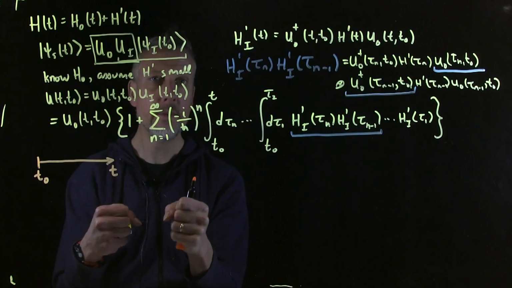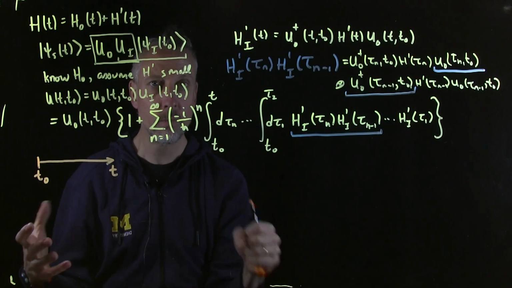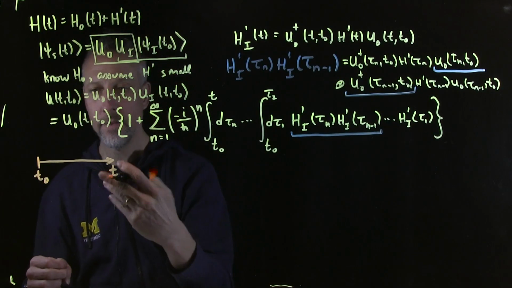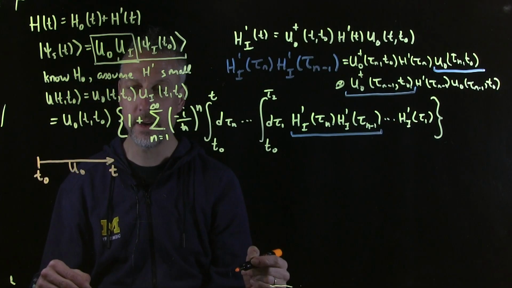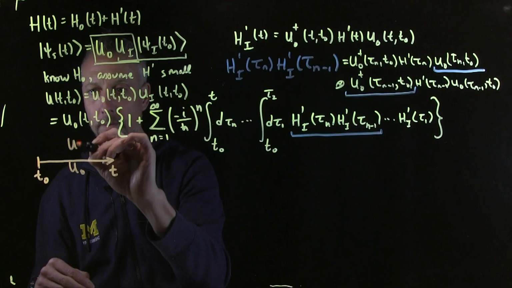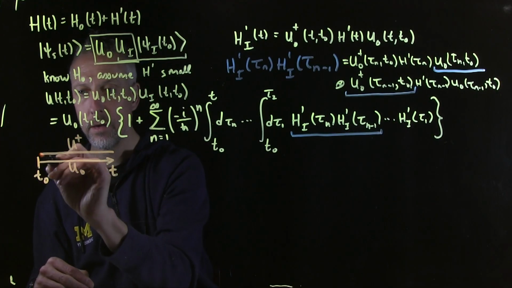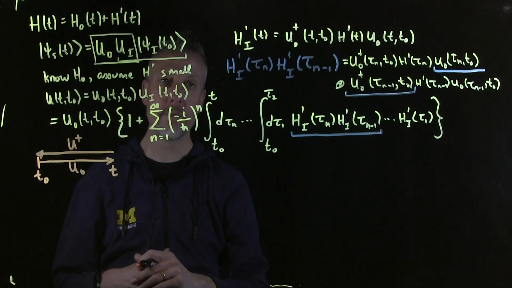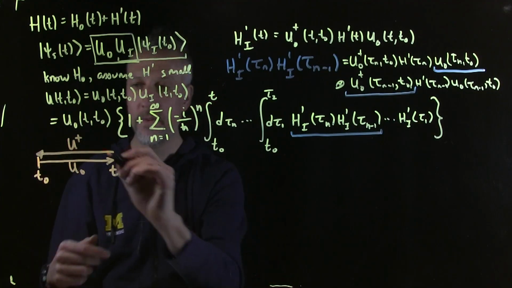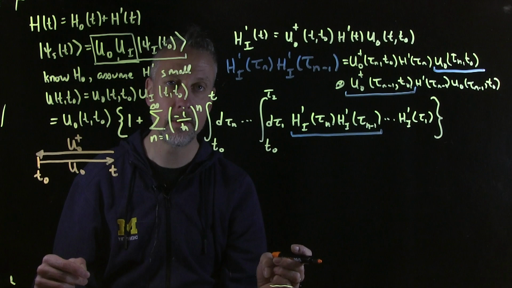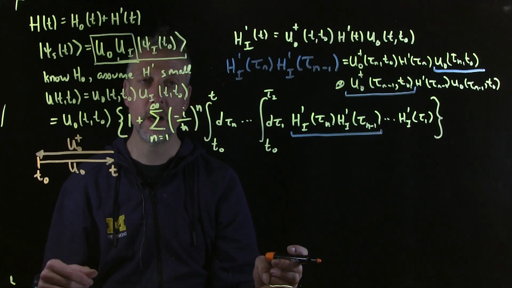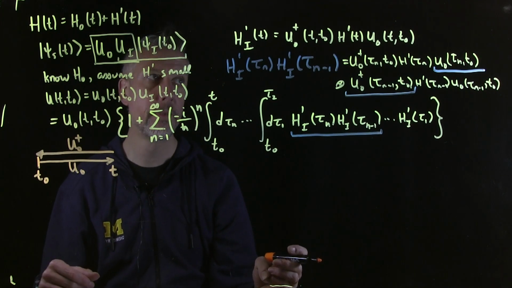Well, if U naught times U naught dagger gets you 1, then U naught takes us from t naught to t, and U dagger takes us from t back to t naught. That's why doing this and then this has the net effect of doing nothing. It's the identity because it's a unitary operator.